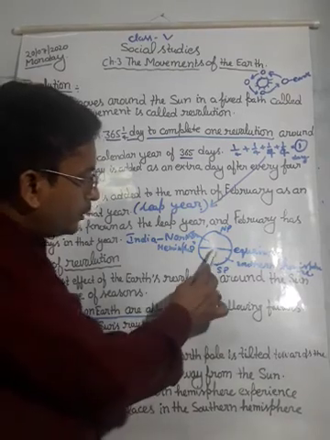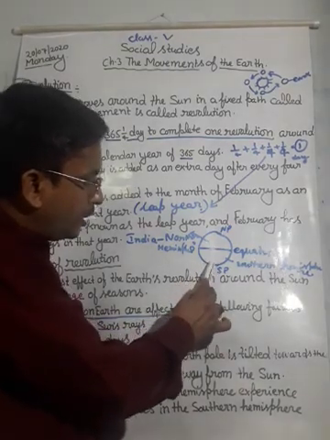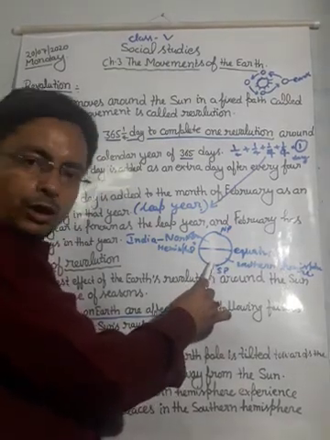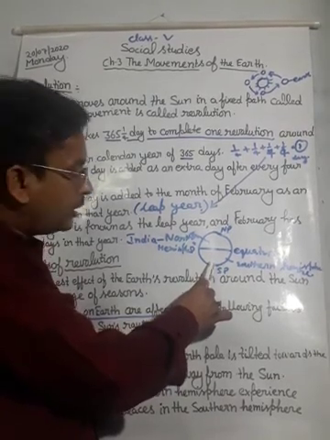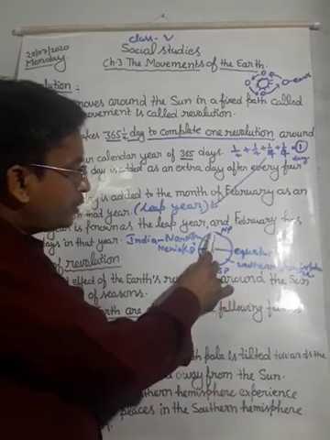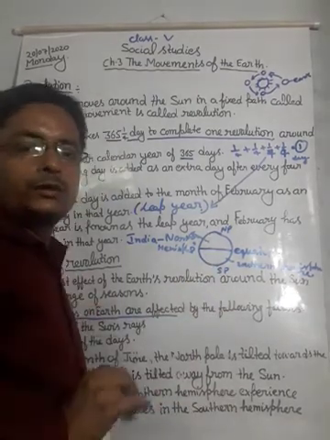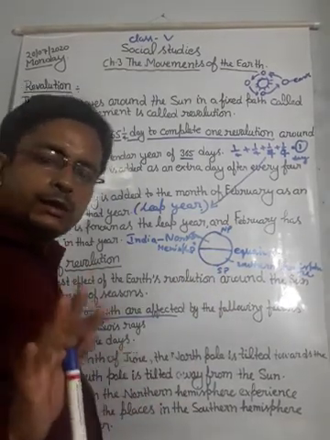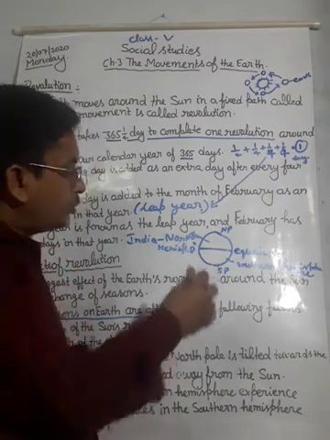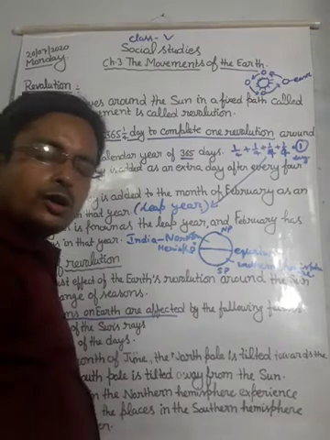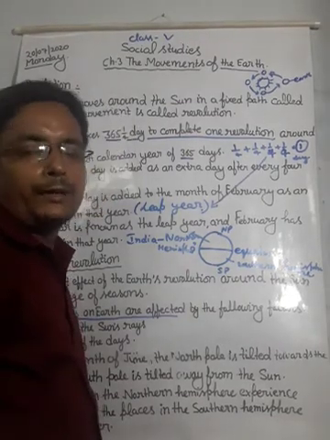So the southern hemisphere will enjoy summer time, summer season, and the northern hemisphere will get less sunlight for less time. So this portion will enjoy winter time.